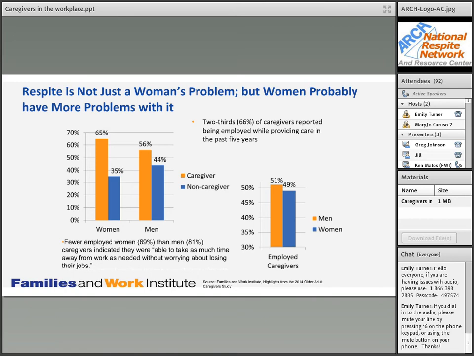So while respite and time off is an issue for everyone, women may just have more difficulty having that conversation, or it may be that women are more likely to be in part-time jobs, and that part-time jobs just tend to be a little less stable with less supports for their employees, so that there's a little more anxiety around being able to keep their jobs.